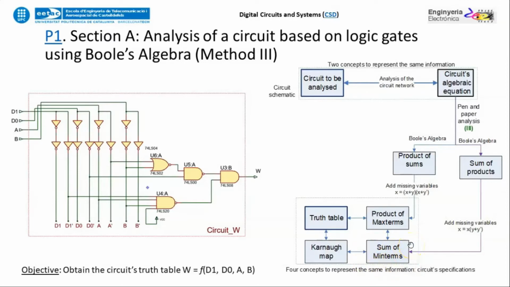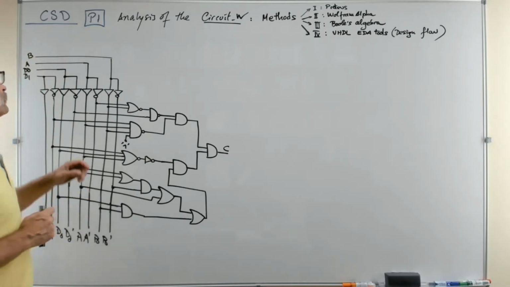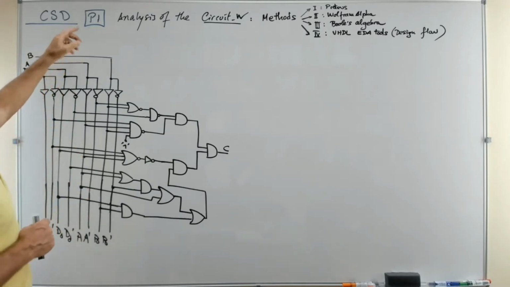And the terms that you are ORing are the ones of the truth table, and you represent the ones of the truth table using this convention that we call a minterm, which is nothing but a product, but with all the variables of the input present. Okay, so this is the idea in P1.